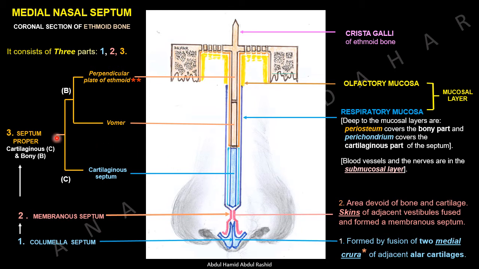In the septum proper, most inferior is the cartilaginous part, then the bony part formed by the vomer and perpendicular plate of the ethmoid. The cartilage is covered by perichondrium, the bones by periosteum, and outside that, from here to here, is respiratory mucosa. Beyond that is olfactory mucosa. Blood vessels and nerves are in the submucosal layer.